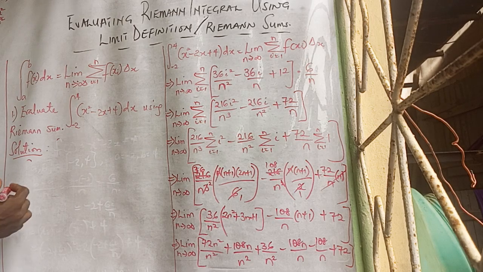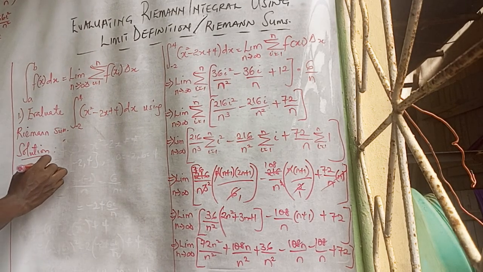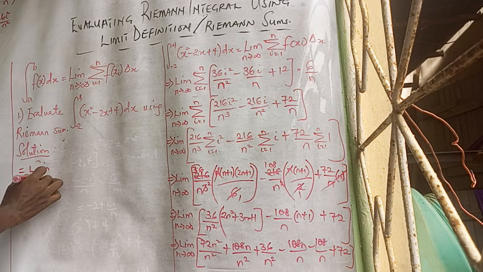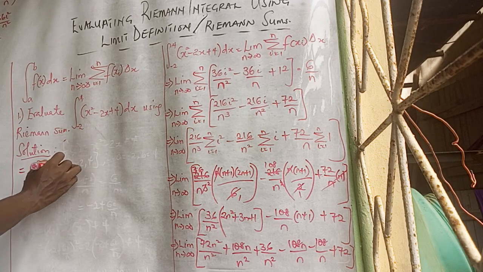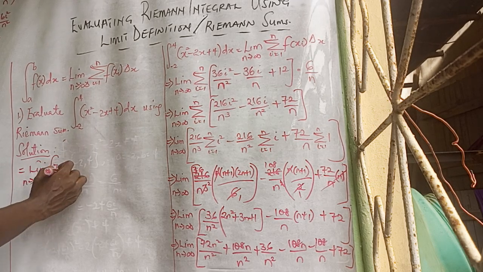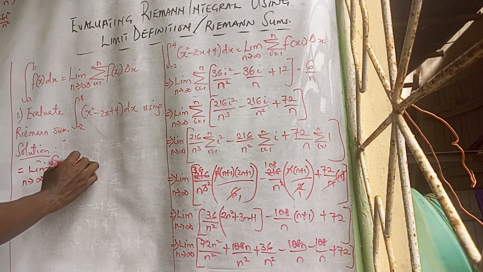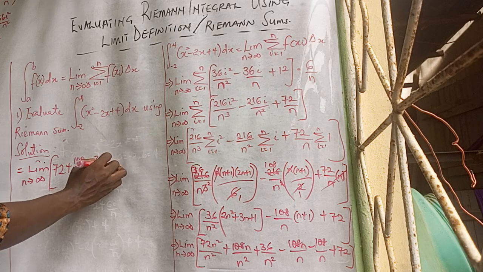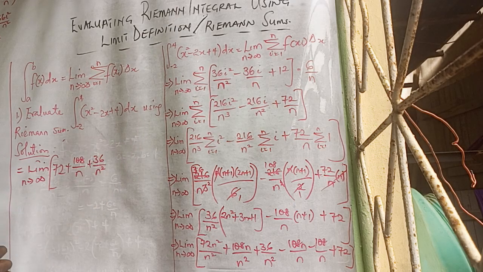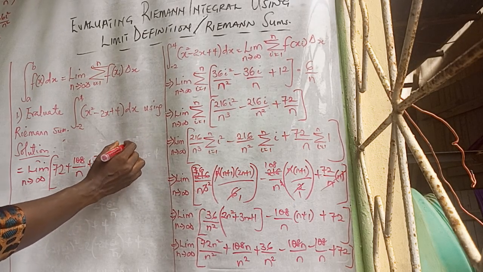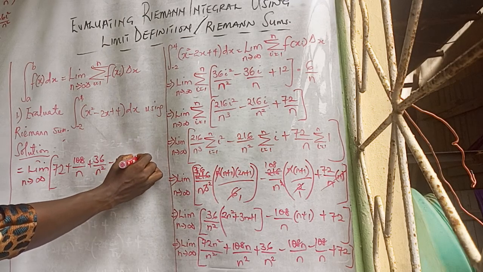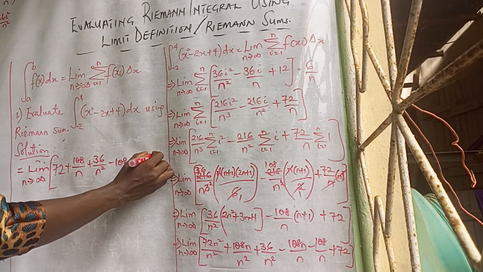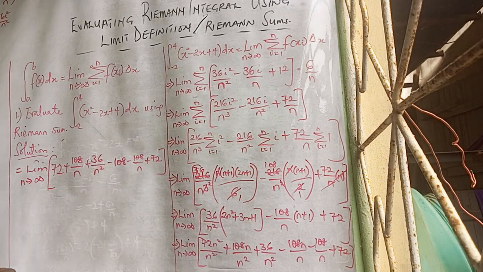And so we have what? The limit as n tends to infinity of 72 plus 108 over n plus 36 over n squared, minus 108, minus 108 over n, plus 72.